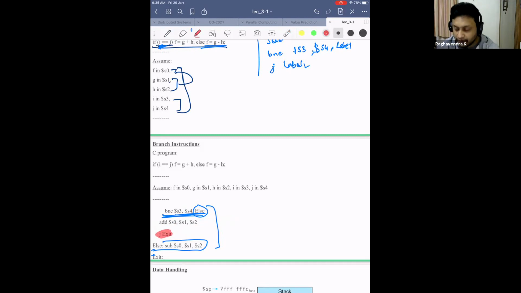The else statement would have worked out pretty well, but if S3 is equal to S4, I come here, I add, and then I go to the next instruction, then I subtract, which means that I did an addition followed by a subtraction, which I don't want to happen. So I use a jump exit, which means that after I'm done with add, I don't want to execute the else part of it. I just exit. Is this clear?